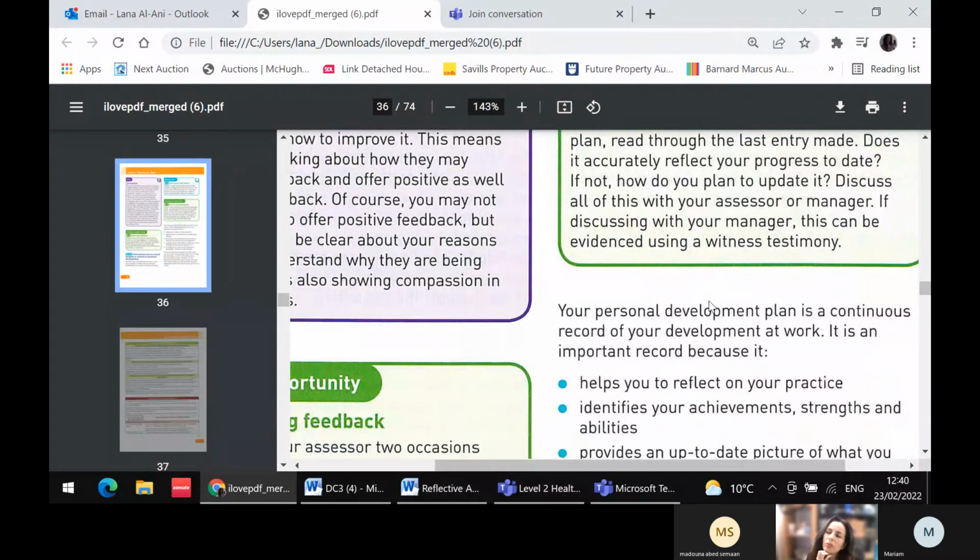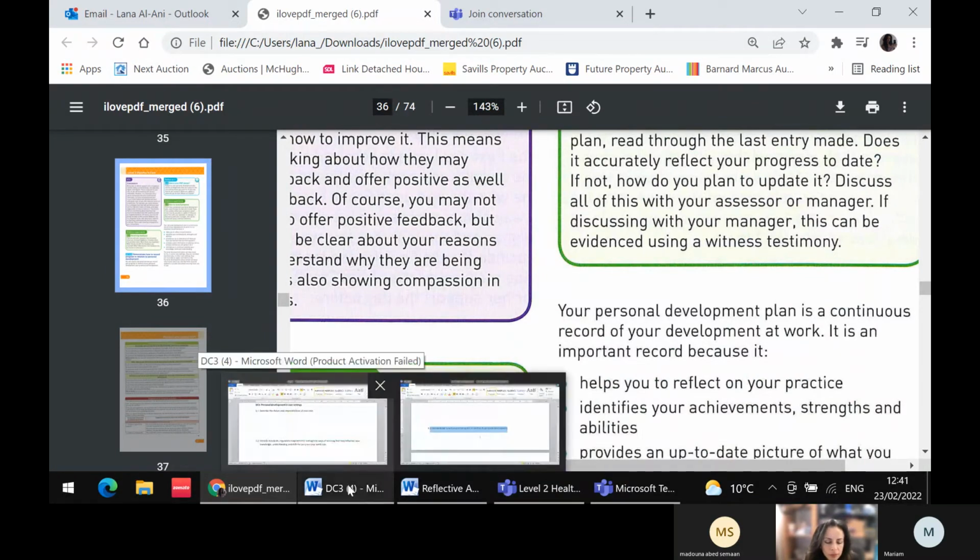The way I monitor it is every year when we do another appraisal, we check on the year before. Have we achieved all the learning activities? Have we achieved them on time? This is how I monitor my development.